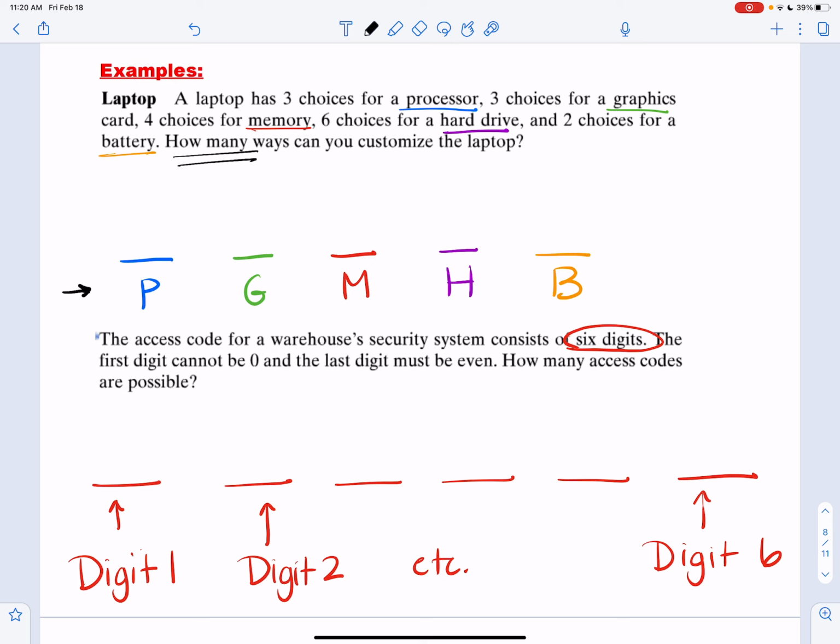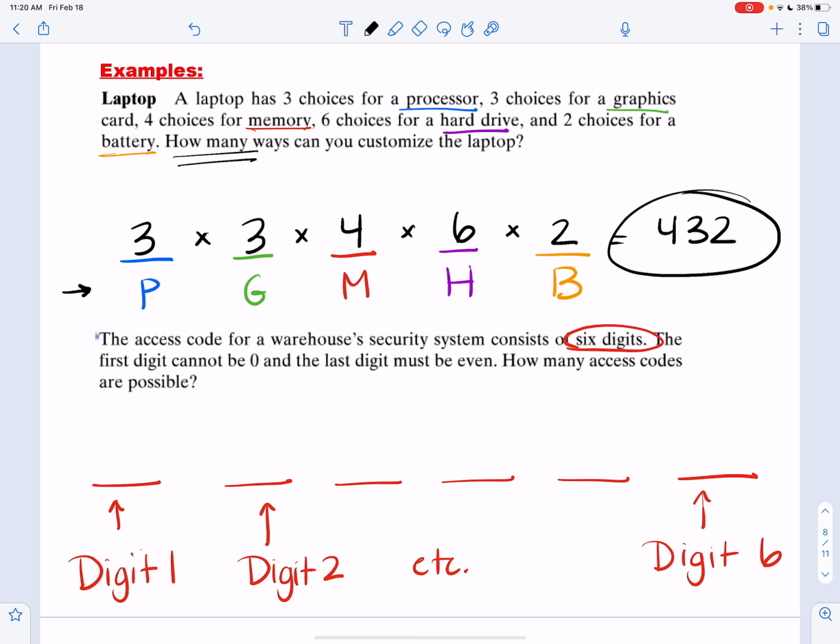Okay, so the processor has 3 possibilities. The graphics card has 3 as well. 4 choices for memory, 6 for the hard drive, and 2 for the battery. And what the fundamental counting principle says is once you look at the number of outcomes for each individual, you can pull those together by just multiplying, and that would tell me there are 432 possible outcomes.